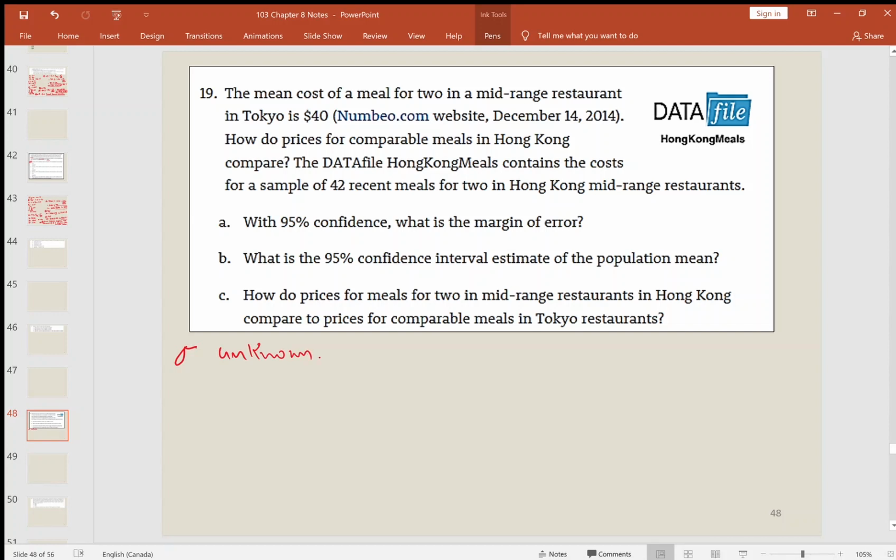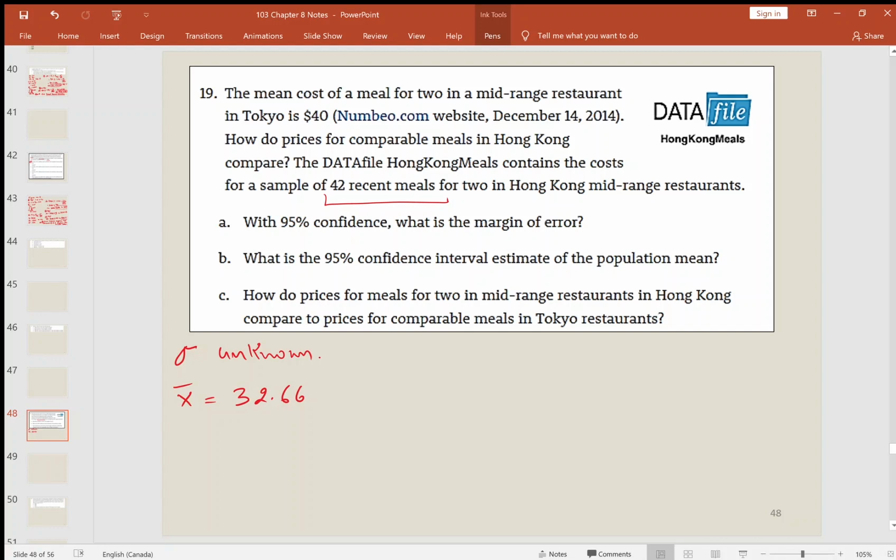On the other hand, if you look up the Excel file, we have prices of 42 restaurants in Hong Kong. Based on those 42 prices, we can find the sample average X bar, which comes to 32.66. Have a look at that Excel file and see if you can calculate the average.